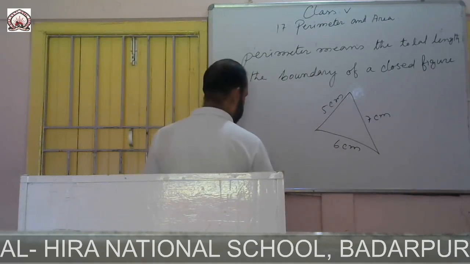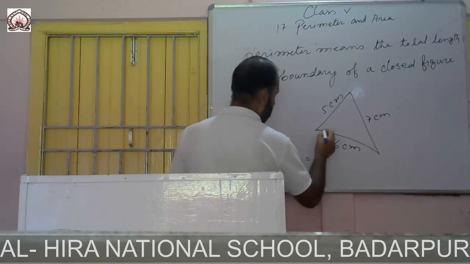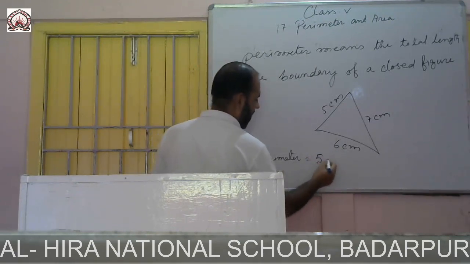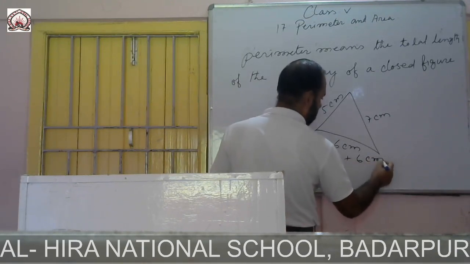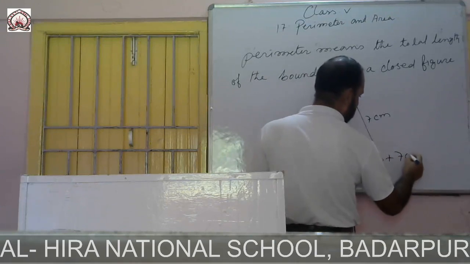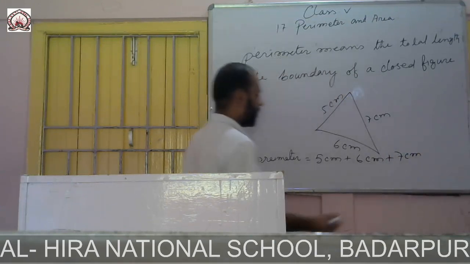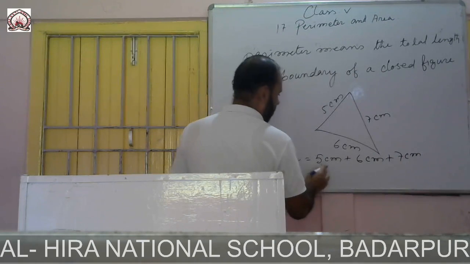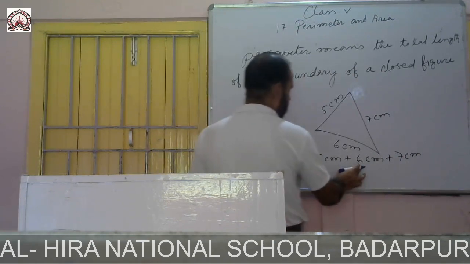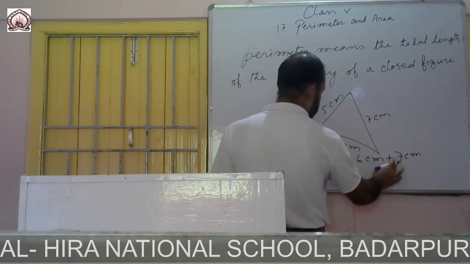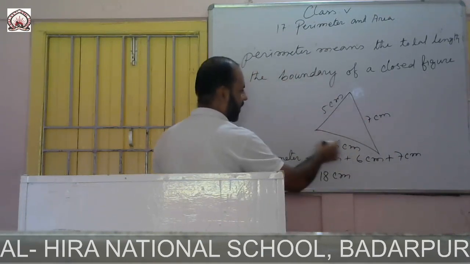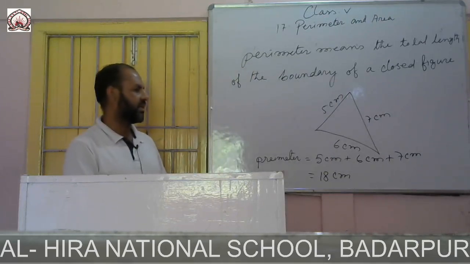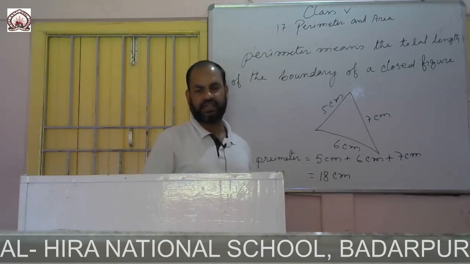So perimeter equal to 5 centimeter plus 6 centimeter plus 7 centimeter. So 5 plus 6 is equal to 11. 11 plus 7 is equal to 18 centimeter. The boundary of this triangle is equal to 18 centimeter.